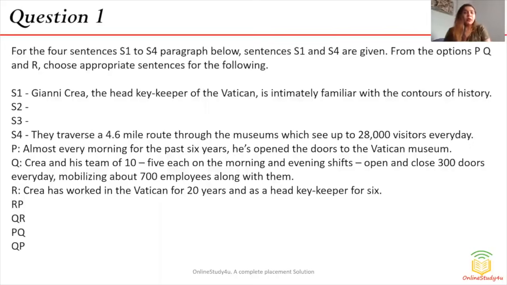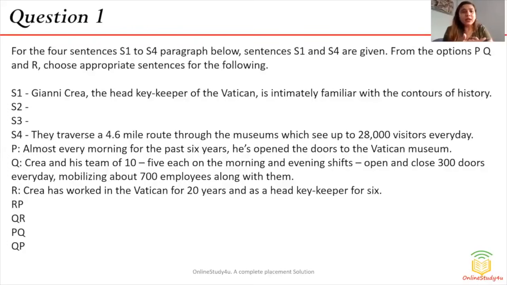Okay. Now, my clue for this particular question was that sentence 4 says they traverse a 4.6-mile route through museums which see up to 28,000 visitors every day. Now, this they has to refer to somebody. So if you observe the sentences P, Q, and R, only sentence Q is actually talking about people.